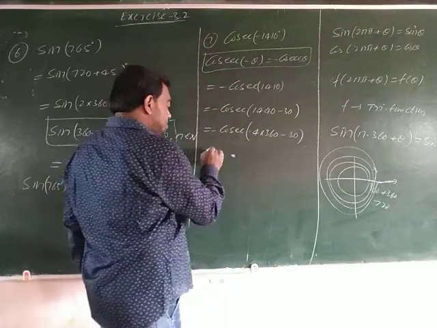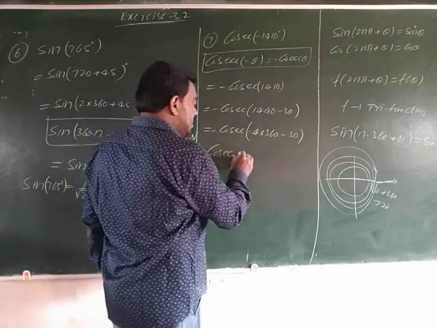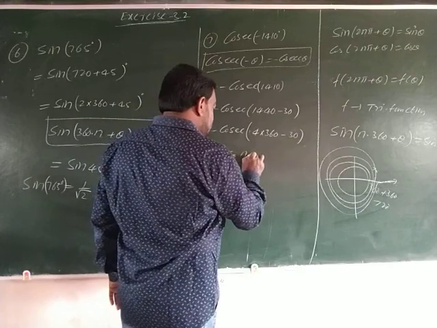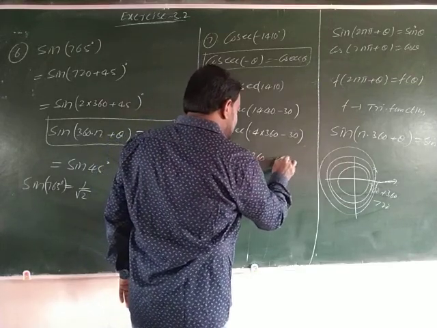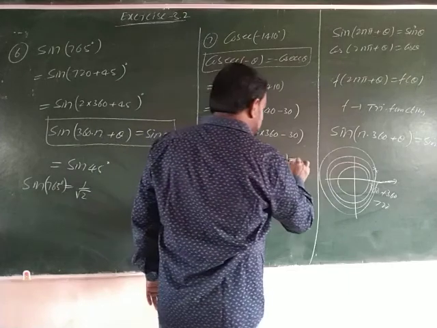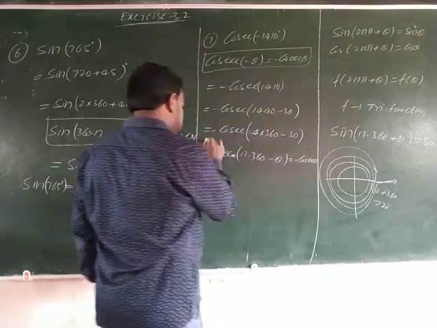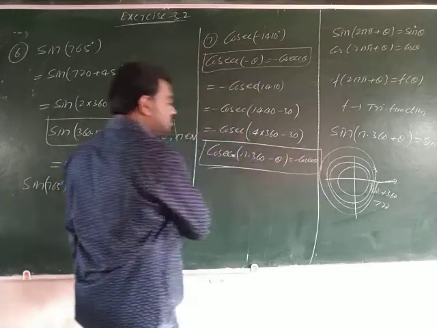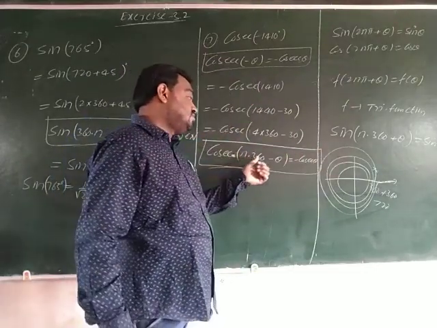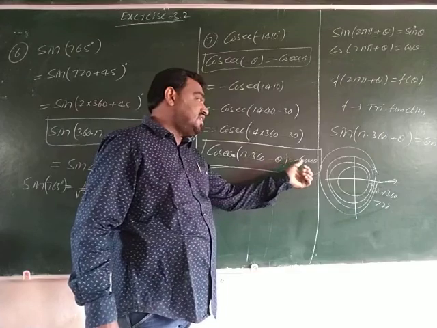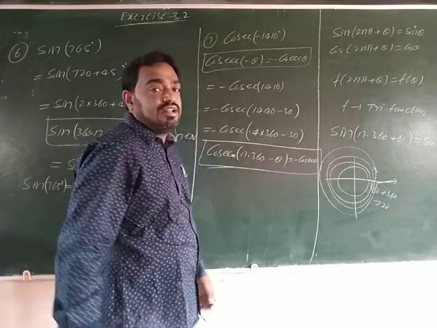So the formula is cosec of n into 360 minus theta is equal to minus cosec theta.